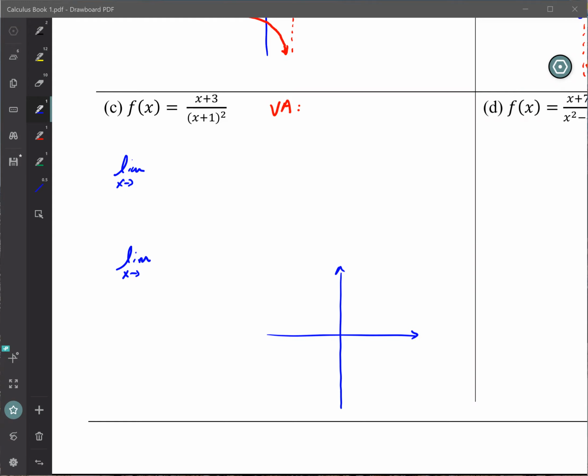Okay, Joan, can you draw the vertical asymptote for us? Sure. Let me just figure it out because sometimes my annotate thing doesn't work. Yep, very good. -1.